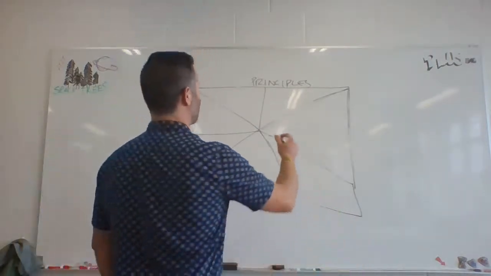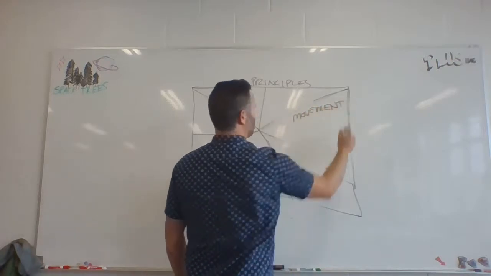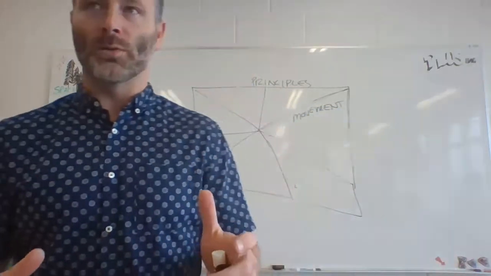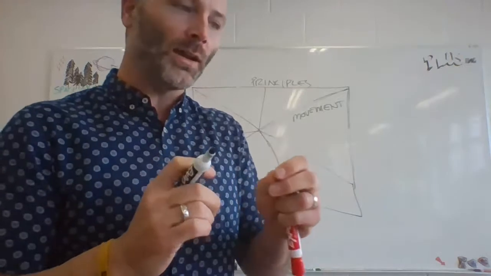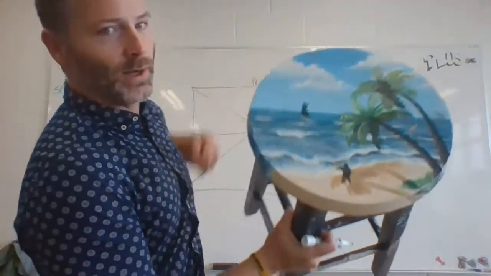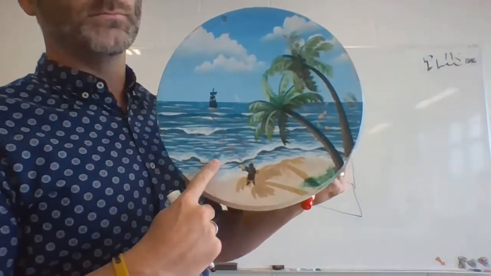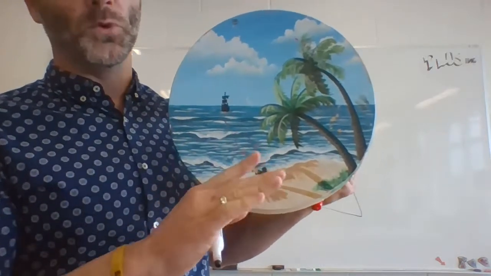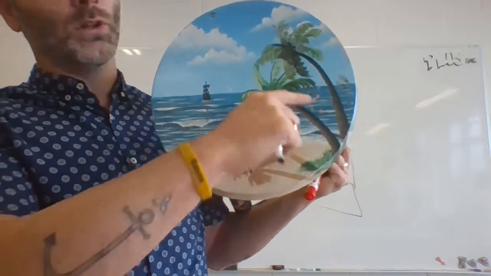It's called movement. I'm going to list off 2 or 3 really basic terms, basic ideas. When you have movement in a piece, we're not talking about the art itself moving. If you're looking at this beautiful painting right here, the waves aren't moving. The trees aren't moving. I'm not talking about physical movement. I'm talking about where our eyes follow along.